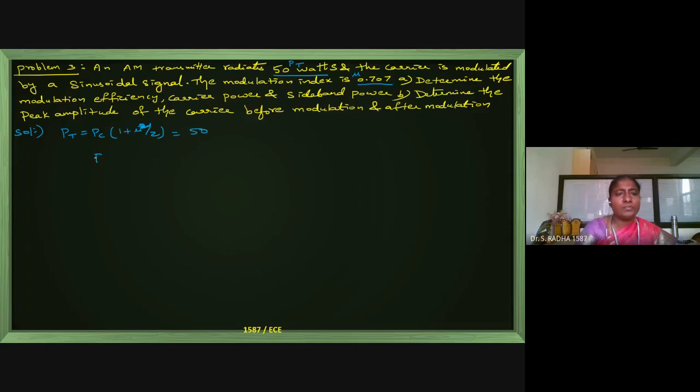The PC value we can find, since the mu value is given as 0.707, which is 1 by root 2.